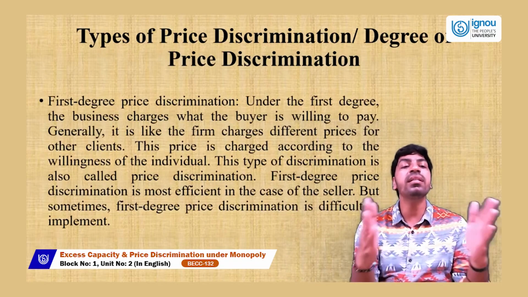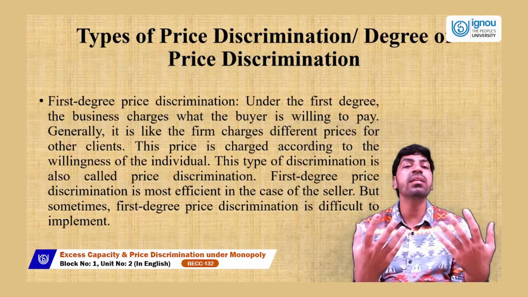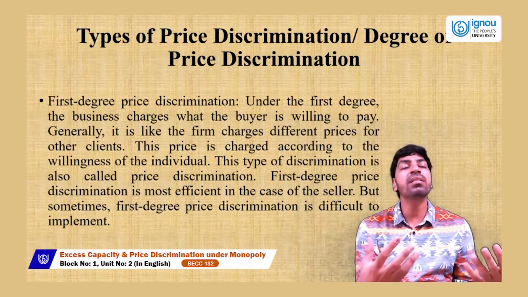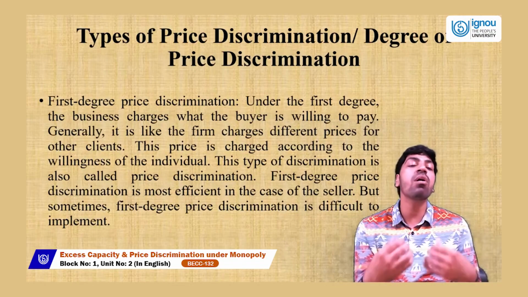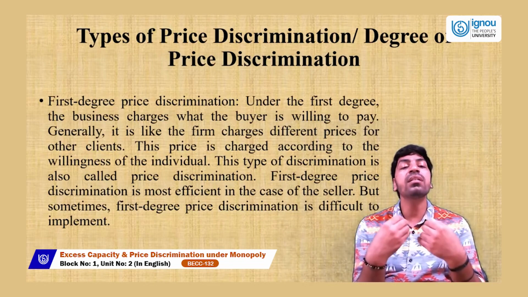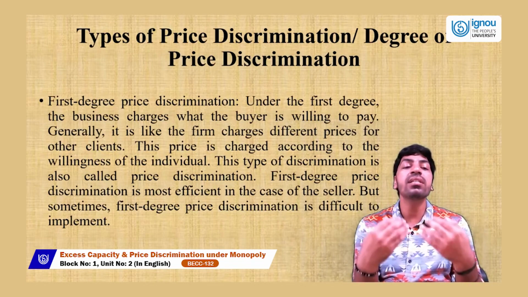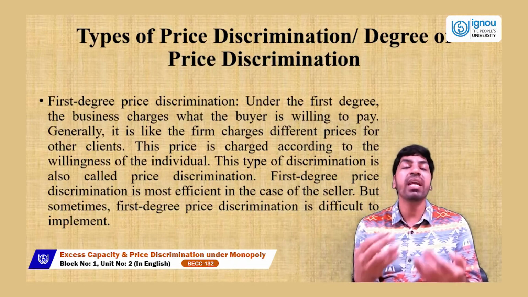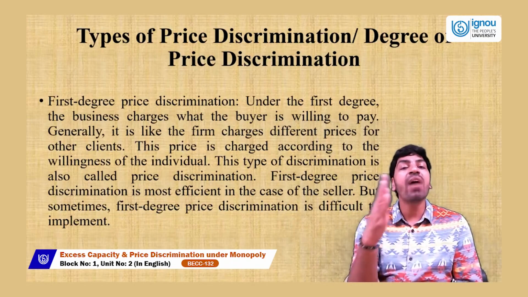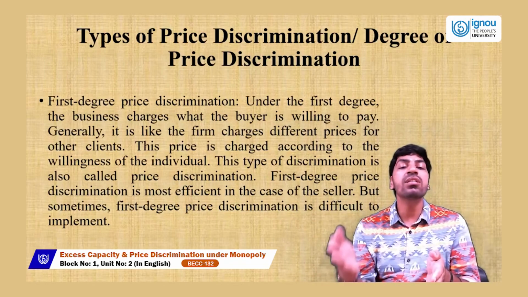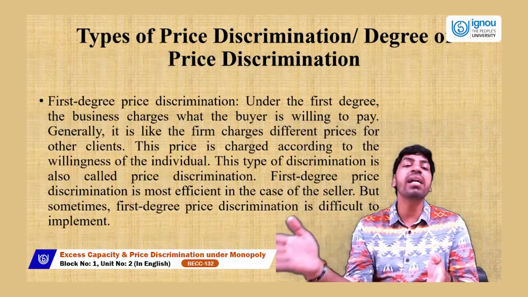Under this degree of price discrimination, the firms decide to charge what the actual buyer is willing to pay. If the buyer is willing to pay 500 rupees for this product, the business charges 500 rupees from that buyer.